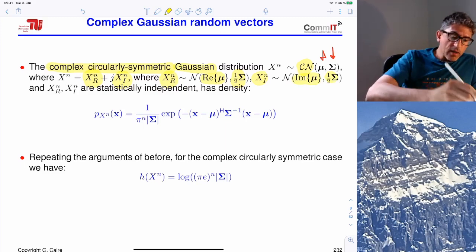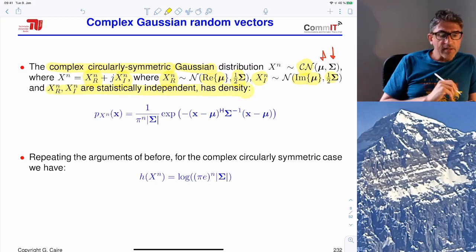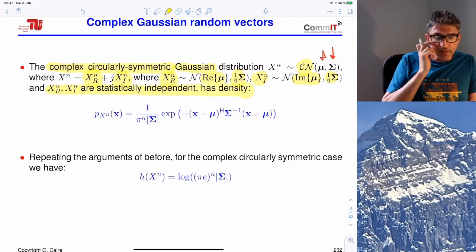In addition, the real and imaginary parts are statistically independent. So they are like two independent random vectors.